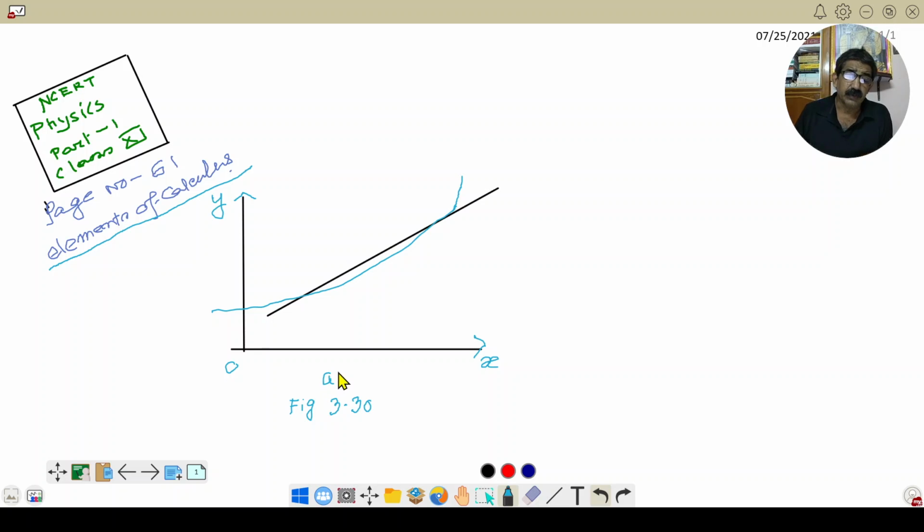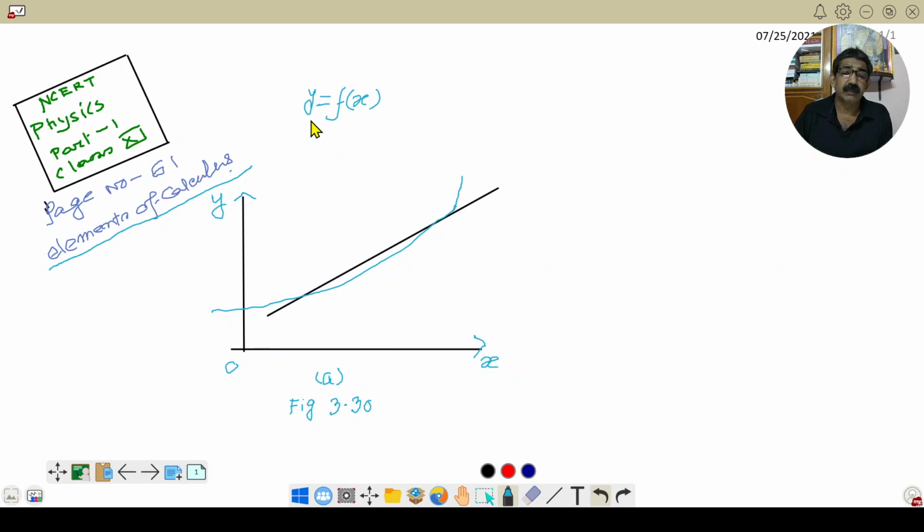Consult your book also, and according to the book, this figure has been drawn, figure 3.30a. Consult this figure also. Suppose this is the y-axis and this is the x-axis, and we have a function y is equal to f(x).